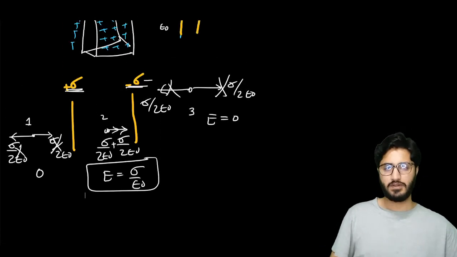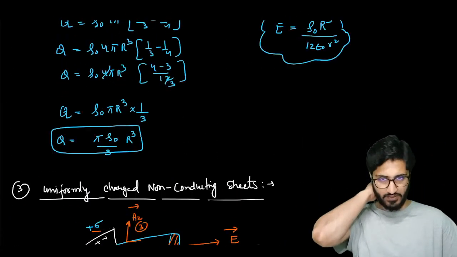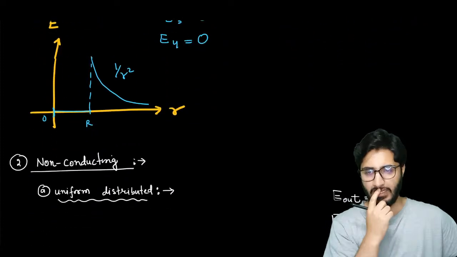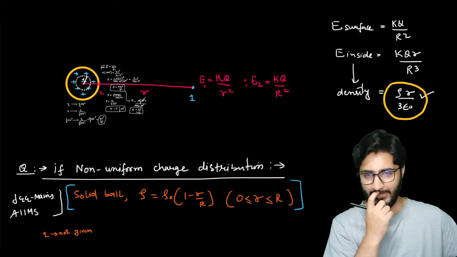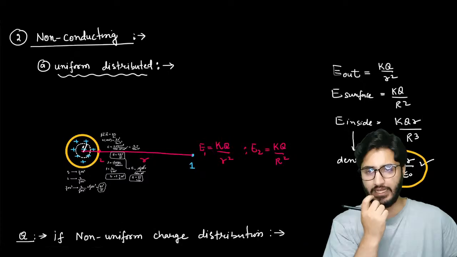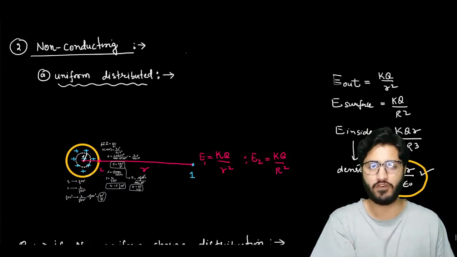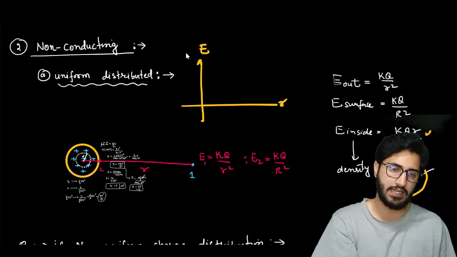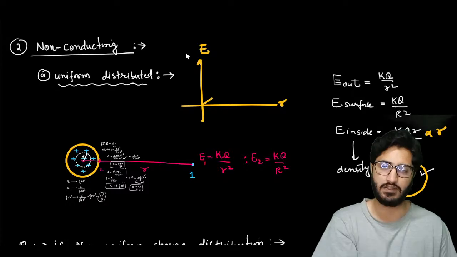One second. So how many things have we discussed so far? First of all, the conducting sphere shell, the graph was like this. We have not made any graph for this one. Now look, let me make a graph for this one. Inside, the field is proportional to R, in this way.